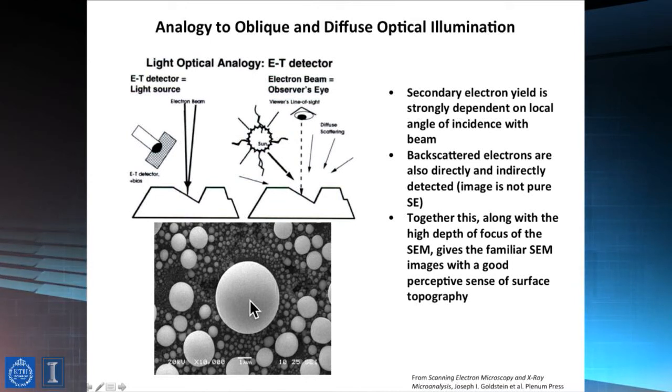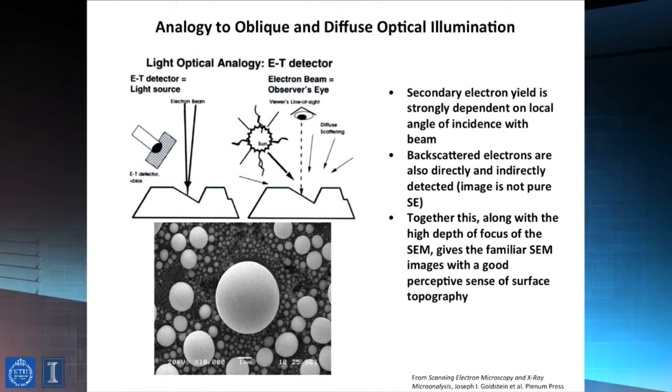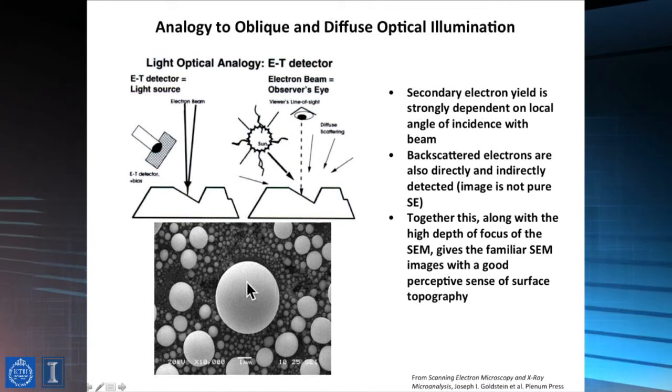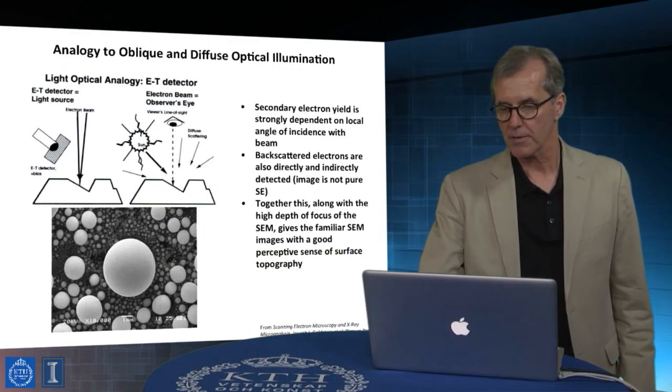There's the appearance of shadows that show how these spheres supported on a solid substrate are shadowing in a way that perceptually looks like we're getting illumination from a particular side, when in point of fact this has to do with the particular azimuth that most efficiently captures electrons at the secondary electron detector.